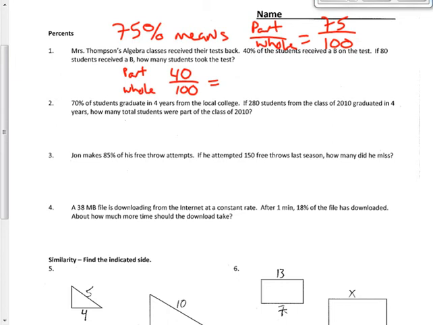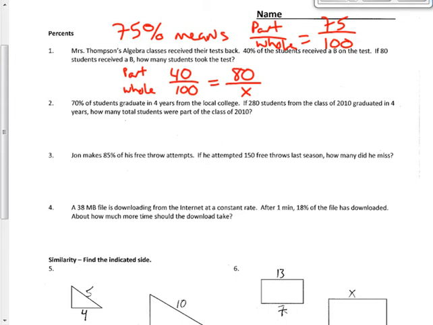The question is how many total students? How many students were there that took the test? That's the whole part. And the part that got a B on the test was only 80. 80 of her students got a B on this test. So the 80 goes on top.